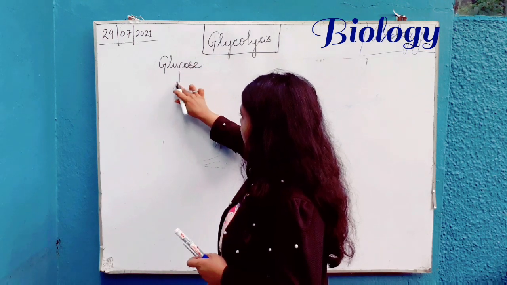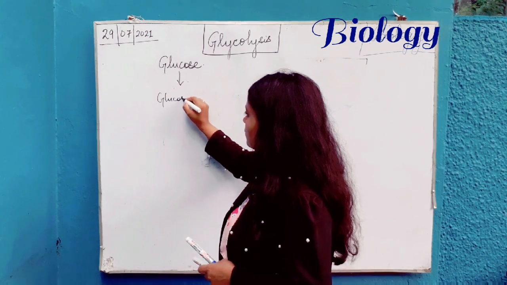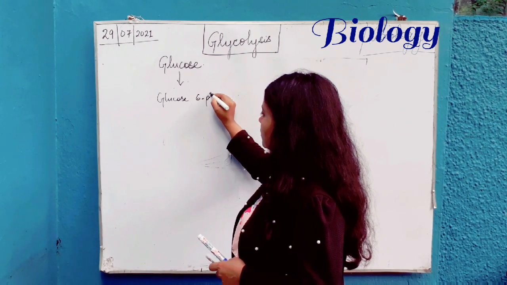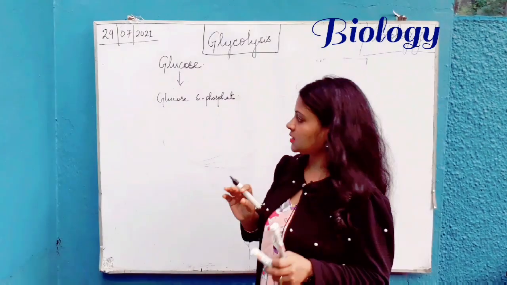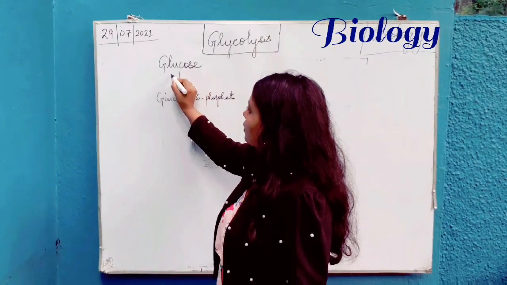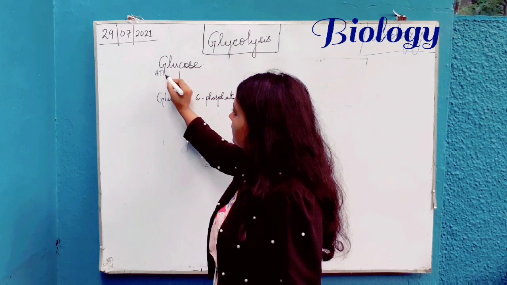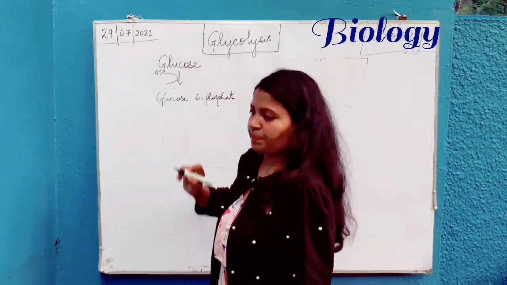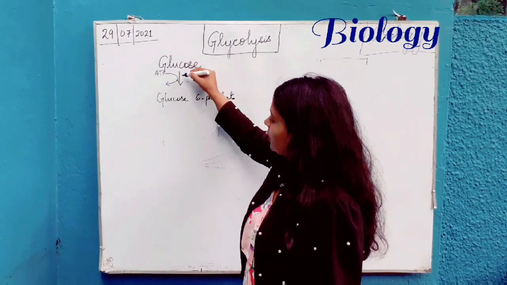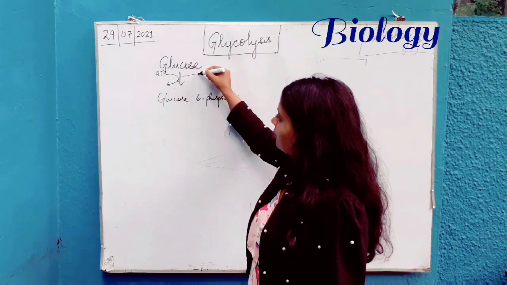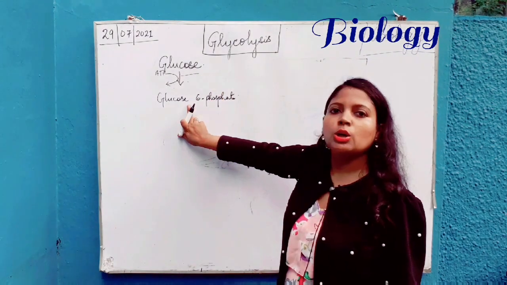So glucose here will be converted into glucose 6 phosphate. Now understand this first step: it is by the addition of the phosphate, because I have invested 1 ATP, by the removal of phosphate. I have removed the phosphate from ATP and added it to the glucose.